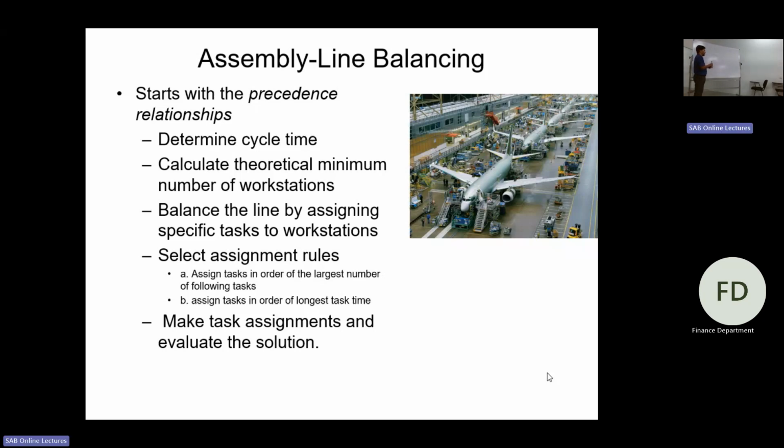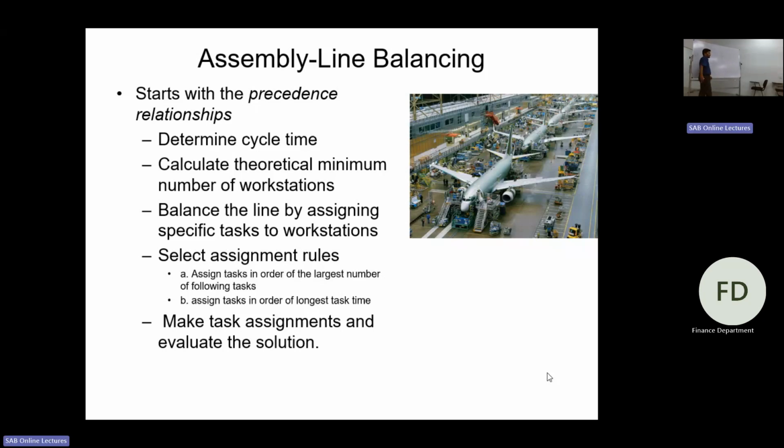In such a case, we apply the secondary rule selected, and that is to prioritize the task in order of longest task time. We look at the task time and prioritize the longest one. C requires 5, D requires 4, so we prioritize C. Okay, that is the logic, and we assign C first.